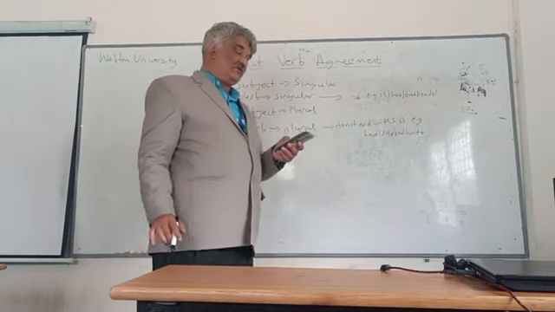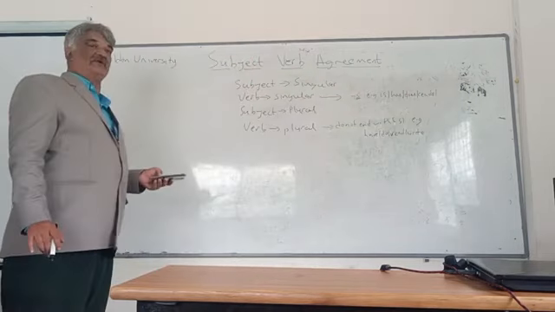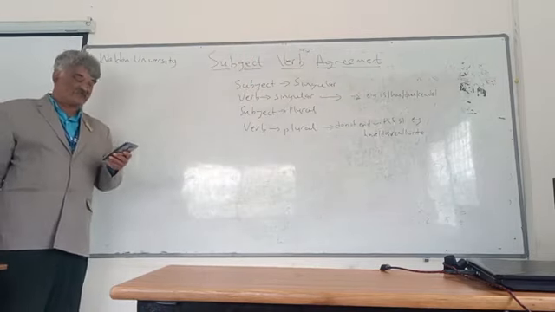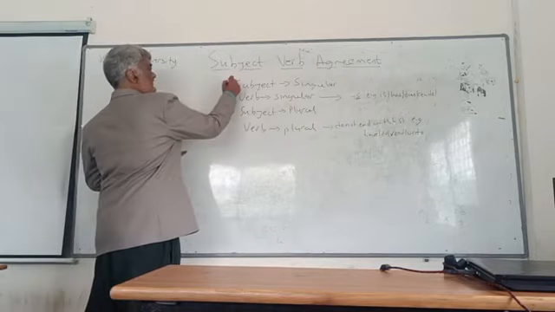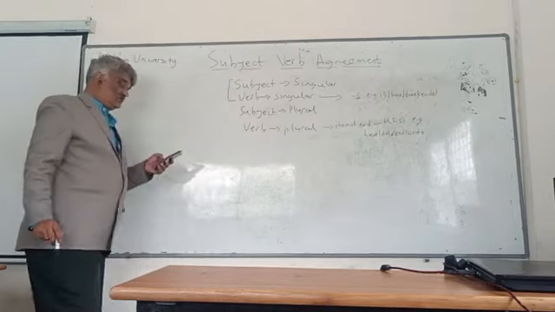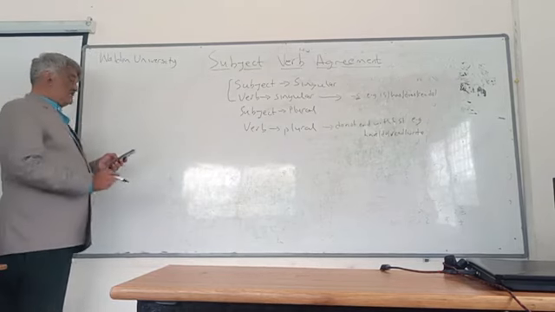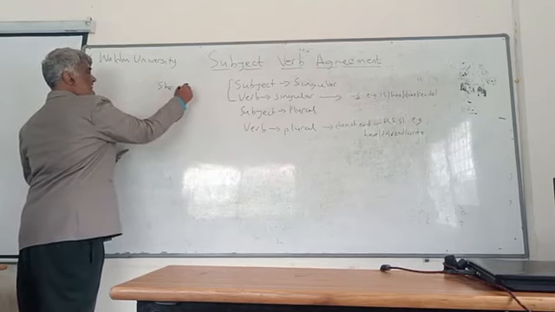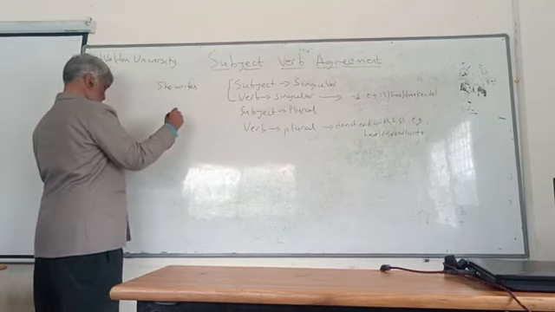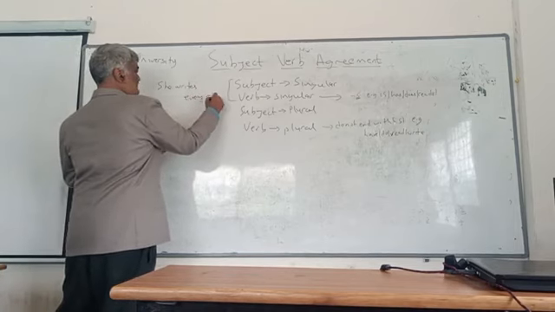Right? So, here, let's look at the examples given on this website. For this rule, the subject is singular, the verb must be singular too. What is the example? She writes every day. This is the example given.